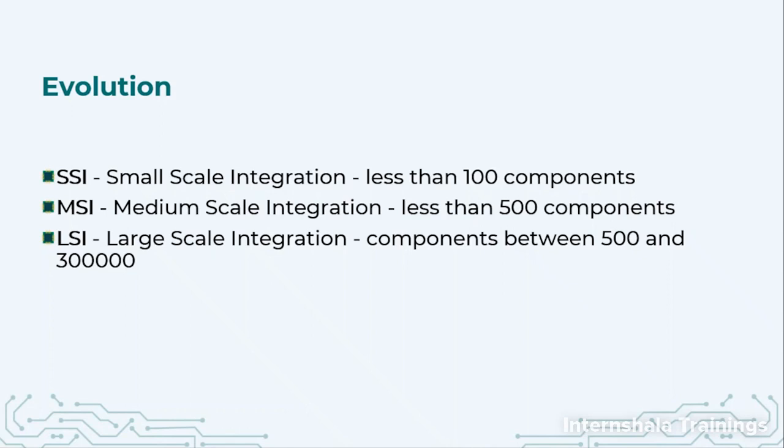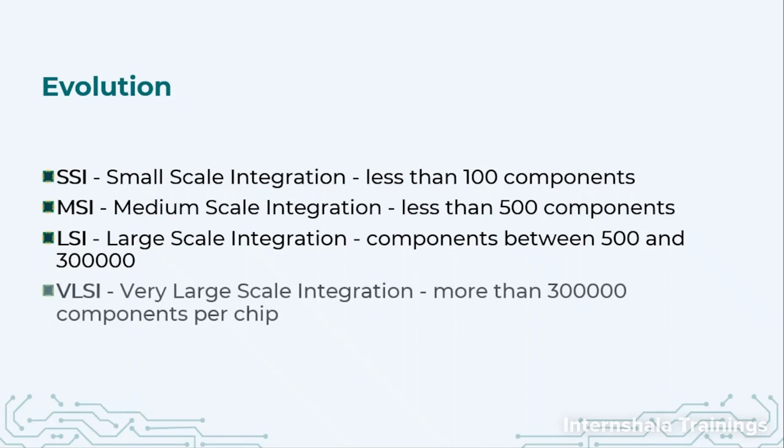How did that happen? That happened because of computer aided design tools, CAD. And now in VLSI we are able to integrate even millions and billions of transistors on a single chip. In some literature you can also study a term called ULSI, which is ultra large scale integration, but more or less it's considered as a part of VLSI.